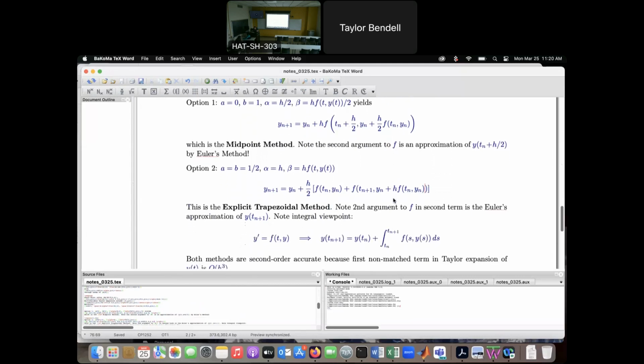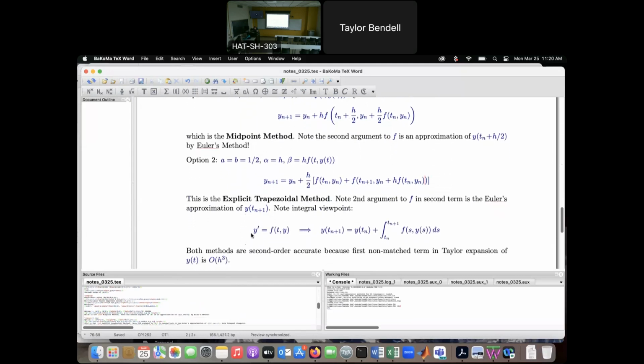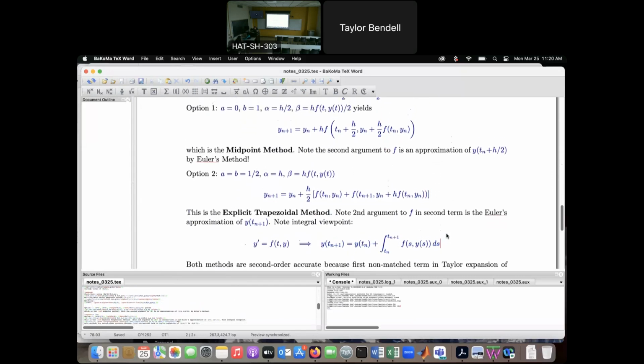So another way of looking at it is, if I take my ODE and I integrate both sides with respect to t from time tn to tn plus 1, then I have this integral form of a solution. So the midpoint method comes about from using a midpoint rule on this integral, and the trapezoidal method comes from using the trapezoidal rule to approximate this integral.